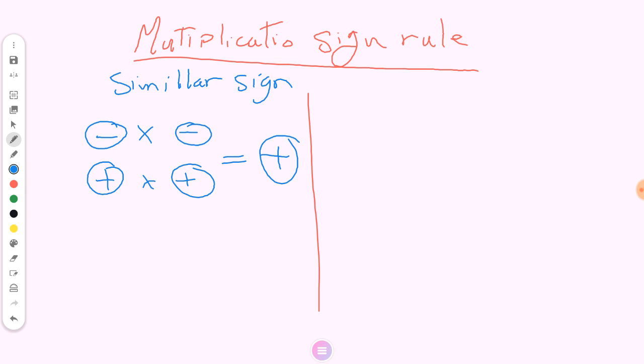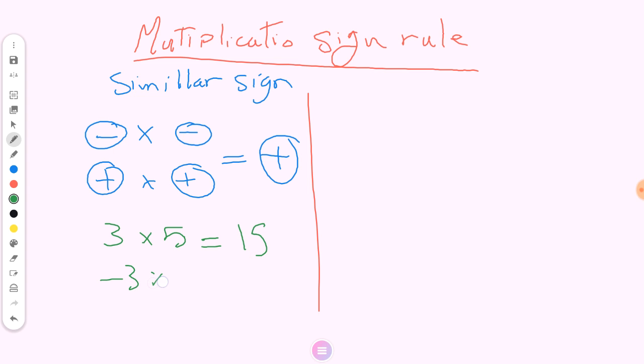So if we have an example like 3 multiply 5, positive, positive, positive, yes, the sign will be positive, similar sign. And 3 times 5 is 15. So the answer is 15. What about if they are both negative?